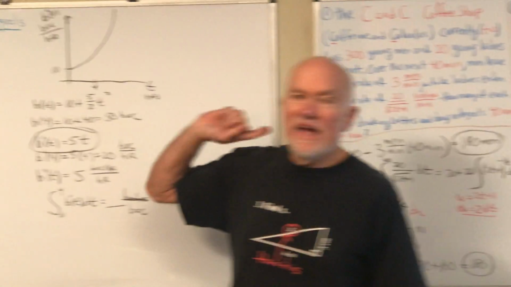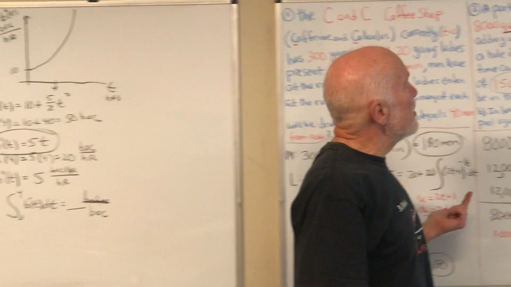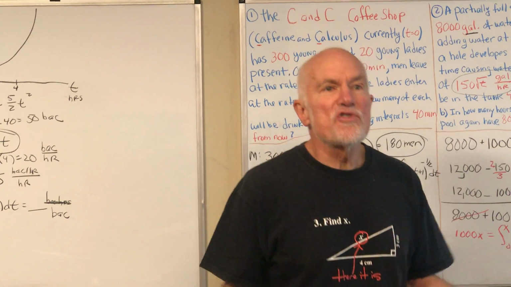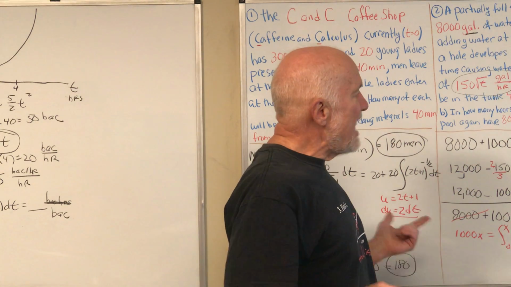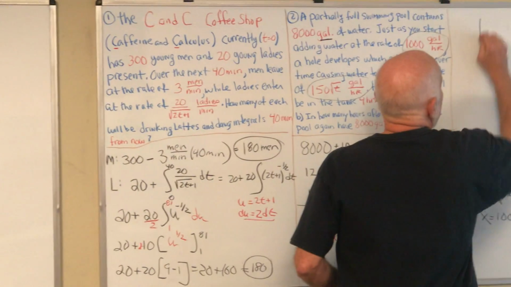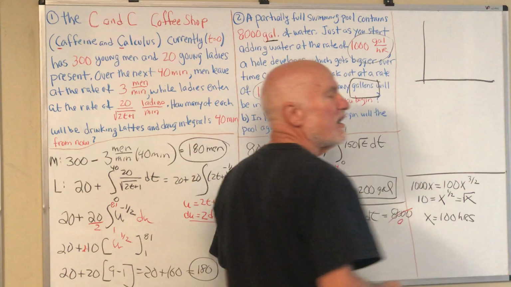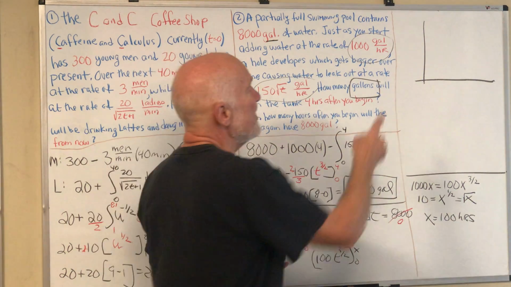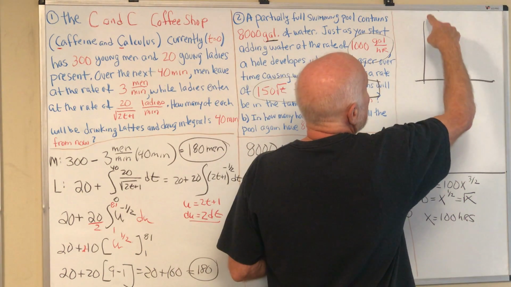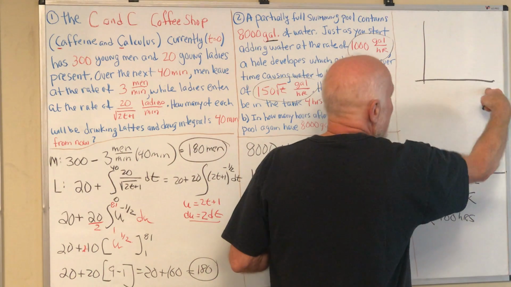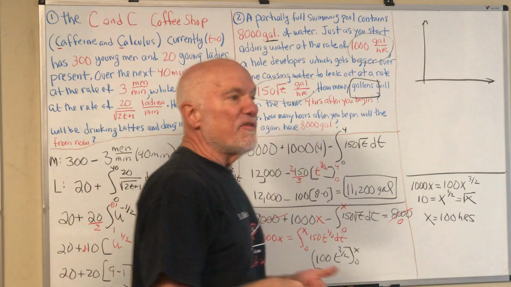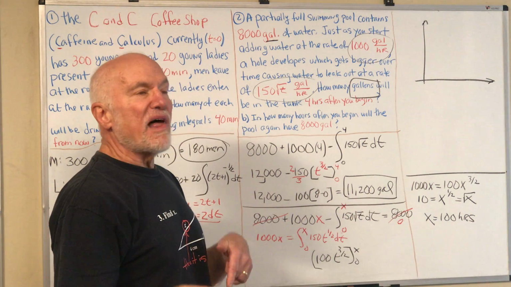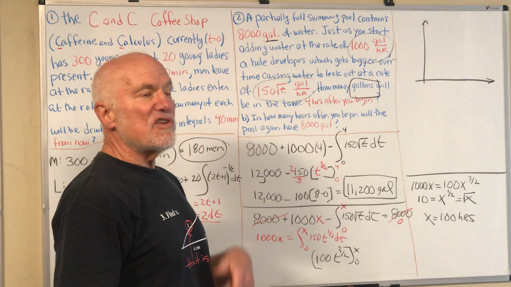What I put back at the very beginning on the other board was that we're going to come up with hundreds of examples. And the reason I'm saying that is because we now have learned that any time you have a function, where this is the dependent variable and this is the independent variable, we can always find out a meaning of a definite integral by multiplying the units. And I'll just give you one example.